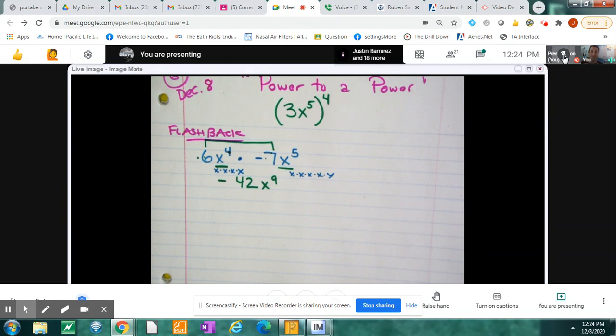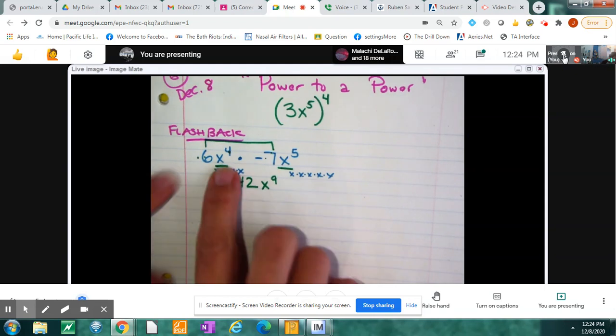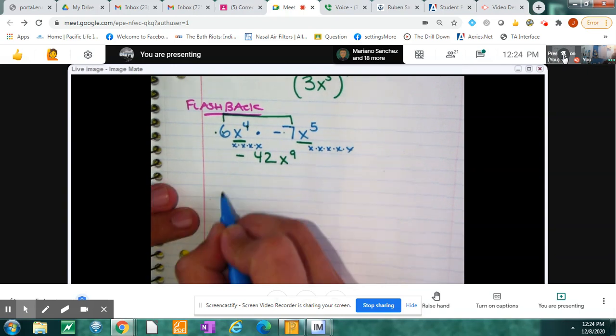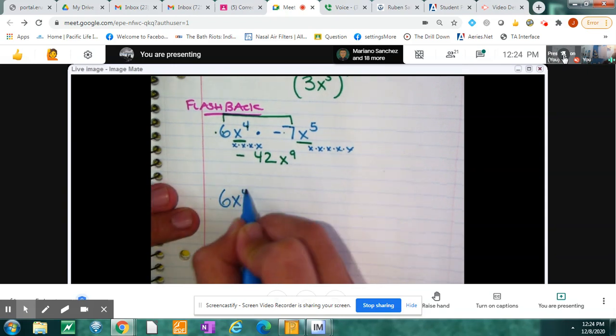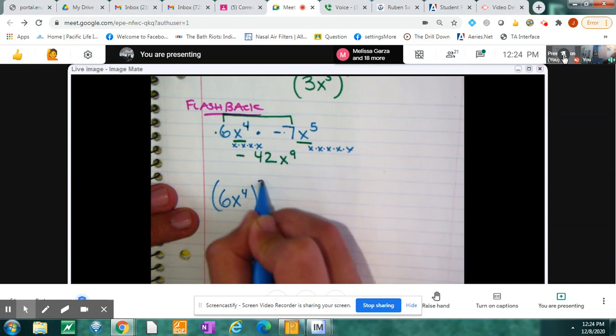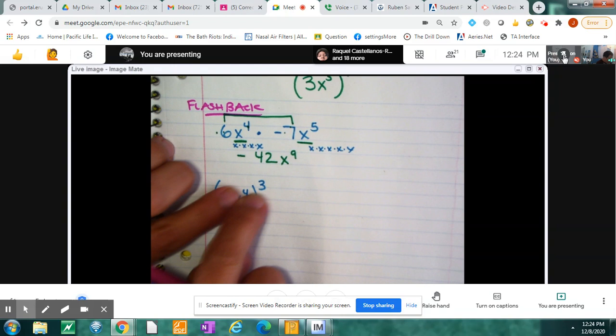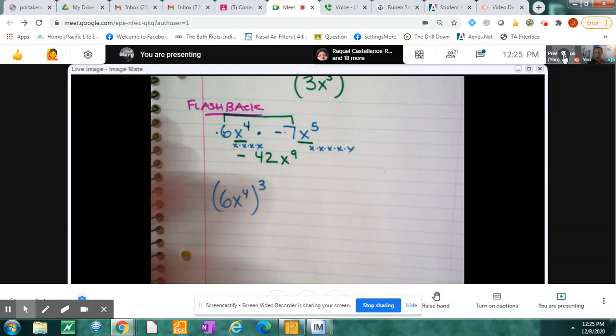Remember, next week you're going to have a little quiz on this. So then what we're going to do is take this one here, 6x to the power of 4, and raise that to the third. Boom, I raised it, just like Toy Story, infinity and beyond, but it's a 3.